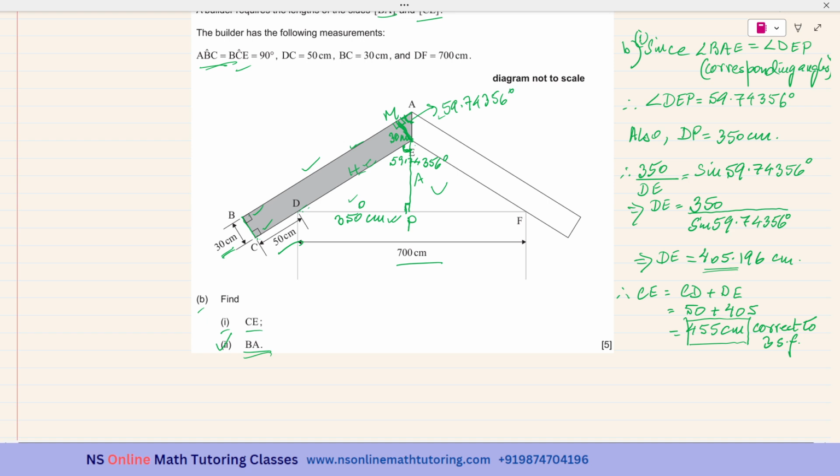So if we get this extra portion, that is AM, we can add BM plus AM to get the side length BA. So in order to get this length, we will be using this triangle AME, and this angle E is having this value 59.74356 degrees, and ME is equal to 30 centimeters.